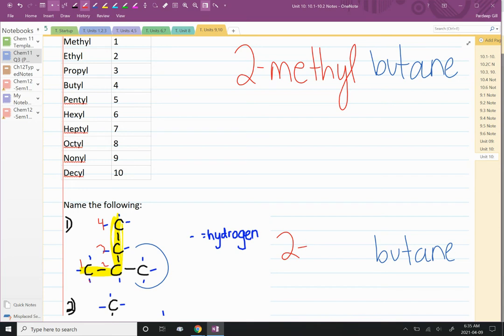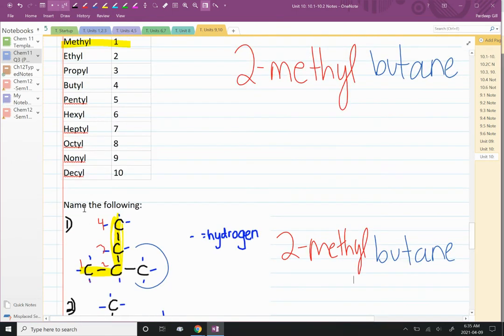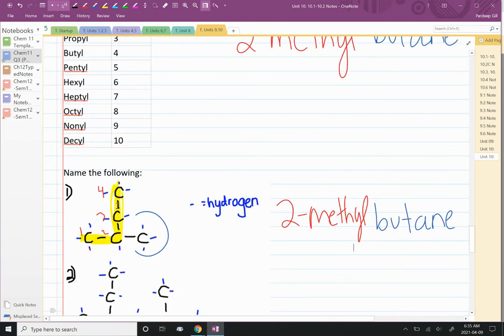It's a 1 carbon chain, so I know that the branch is going to be called methyl. So it's 2-methylbutane again. Notice here, this is exactly the same as this one, but this is all nice and linear, and this one is kind of rotated here.